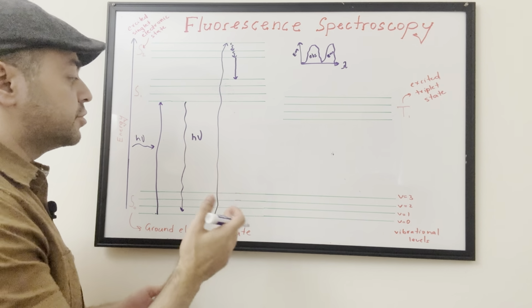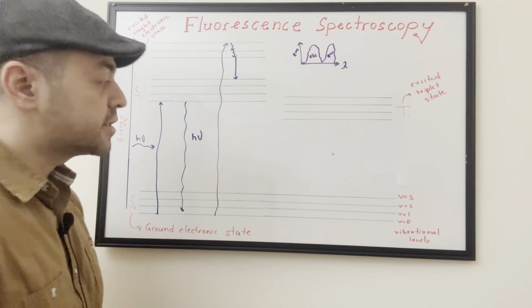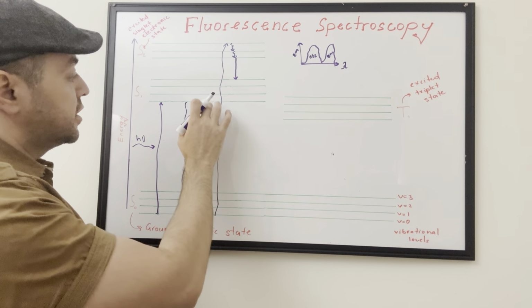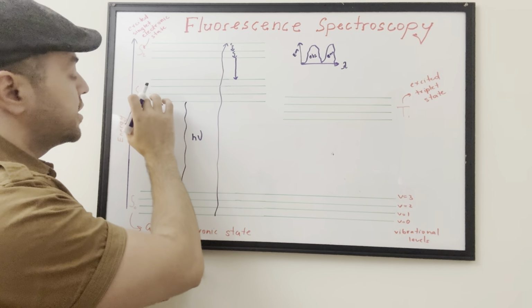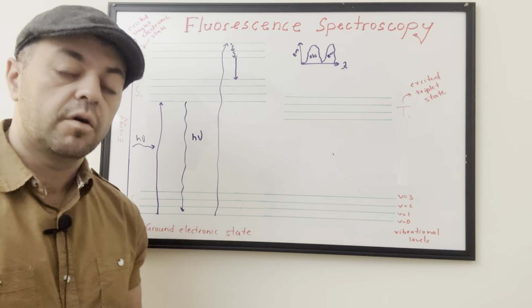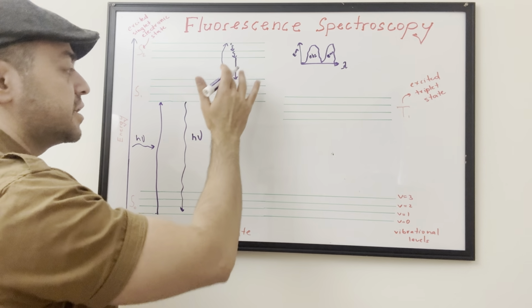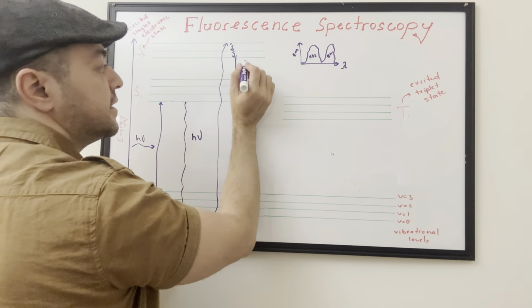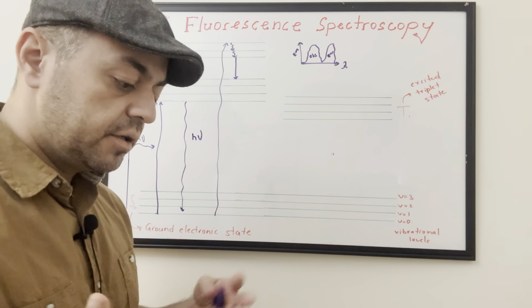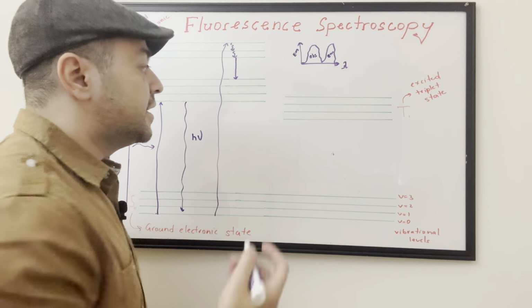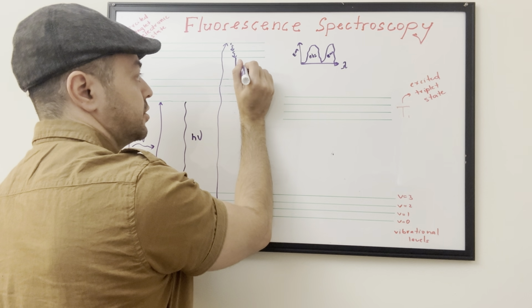And remember, I told you fluorescence only happens from the ground vibrational state of the excited state to S0, and that's what we call Kasha's rule. But in this case, it first goes from S2 to S1, and this process we call internal conversion.